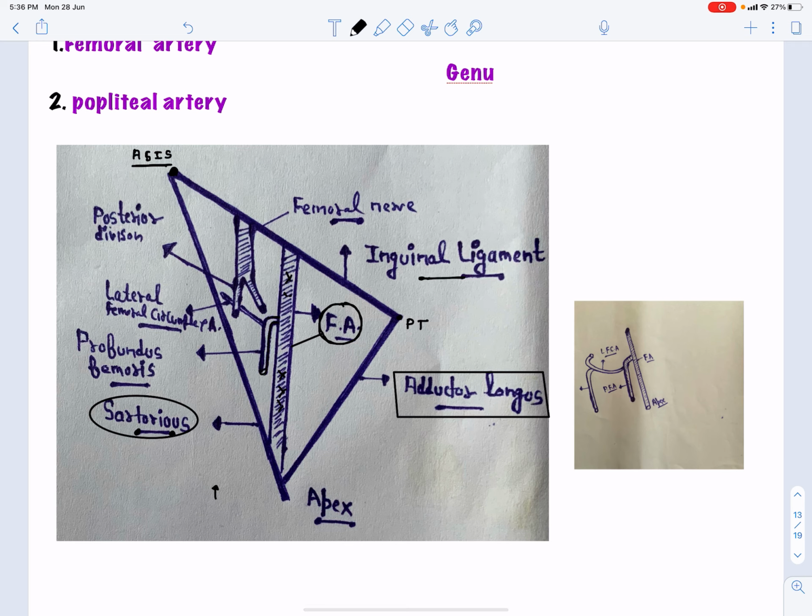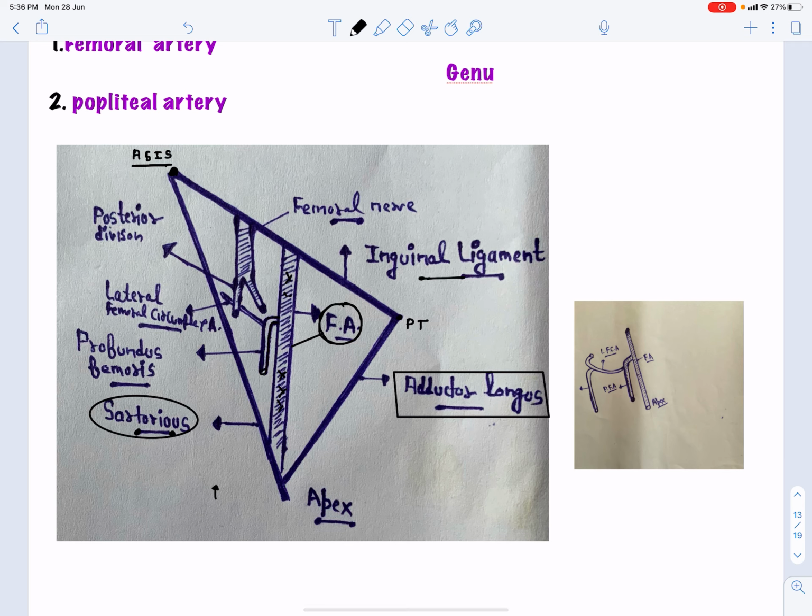So where does the femoral artery give rise to the profundus femoris artery? Inside the femoral triangle. And the profundus femoris artery is the largest branch of the femoral artery.